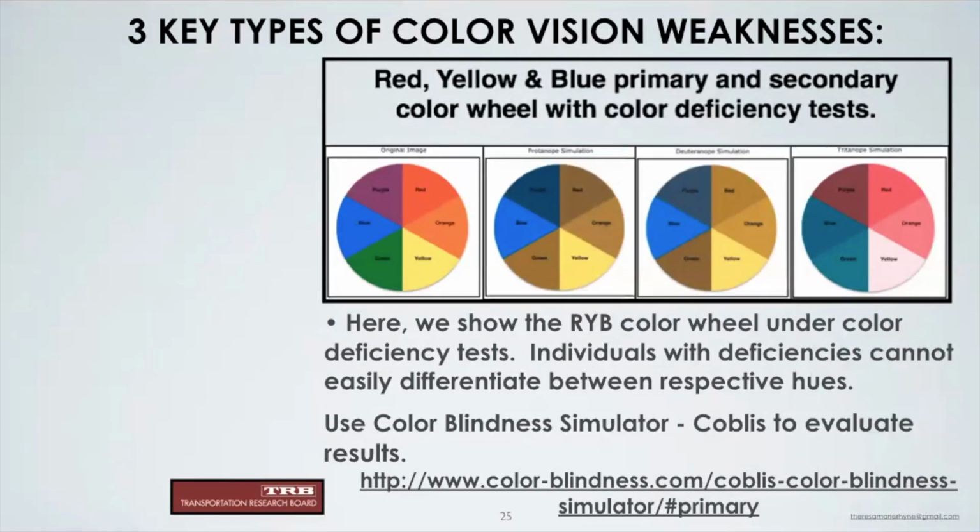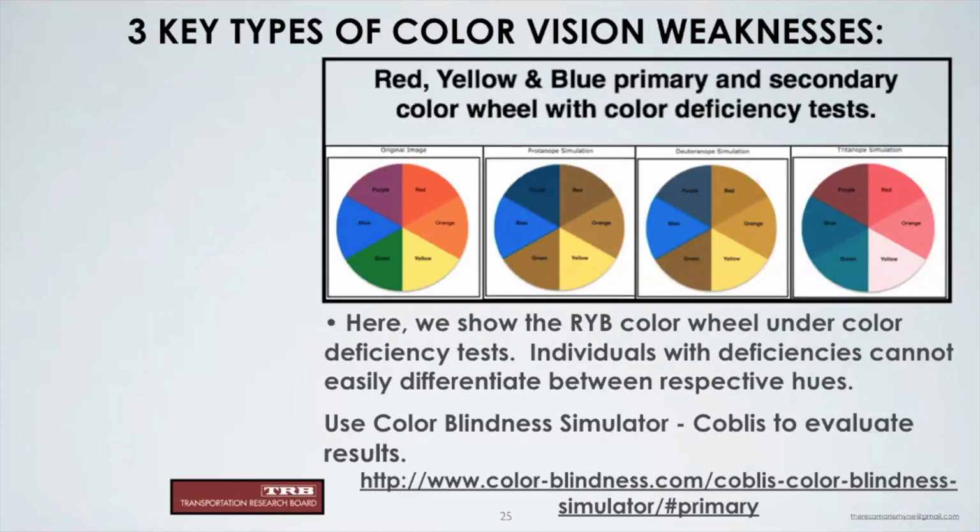So here it is up here, color vision weaknesses. I'm showing your red, yellow, blue color wheel as the first pie chart on your left. If you have a color weakness, protanopia means your red cone is damaged, and you can't tell the difference between red and green. Deuteranopia is close, a little different, but you also can't tell red and green.